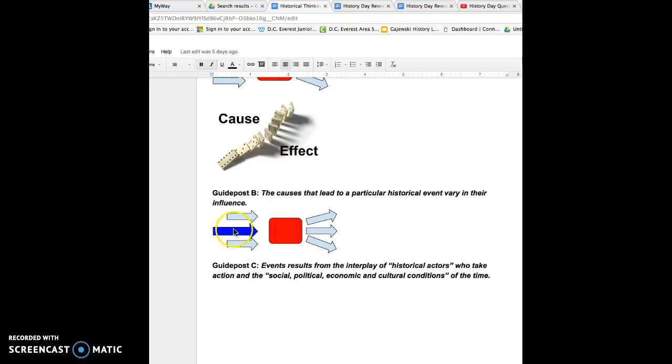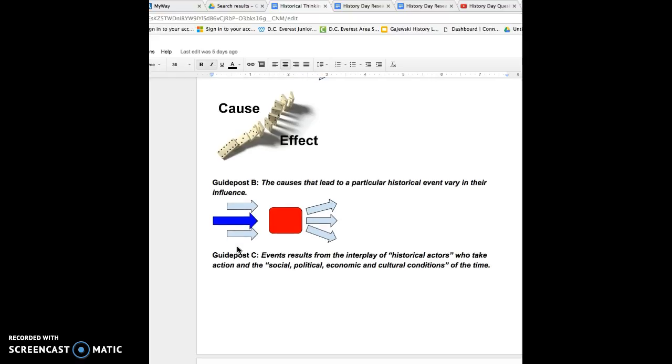So they vary in their influence or importance as to what caused something. There may be one big cause, and we see that again with the Articles of Confederation. What's the main reason why they failed? There may be a big, huge spark too, that is something like the straw that broke the camel's back. Again, we see that in the Articles of Confederation.